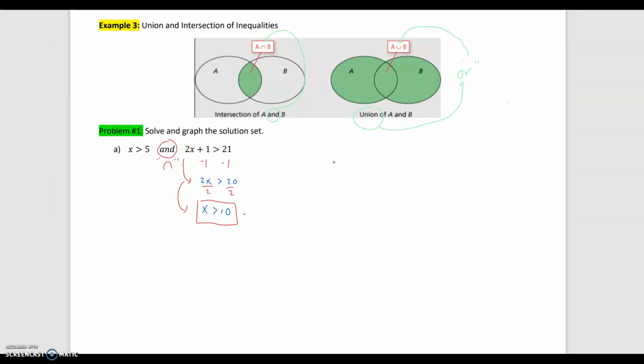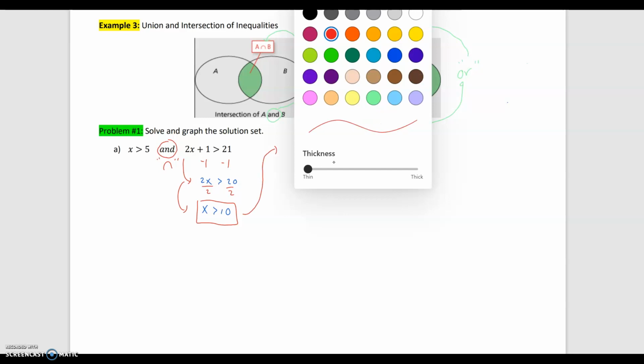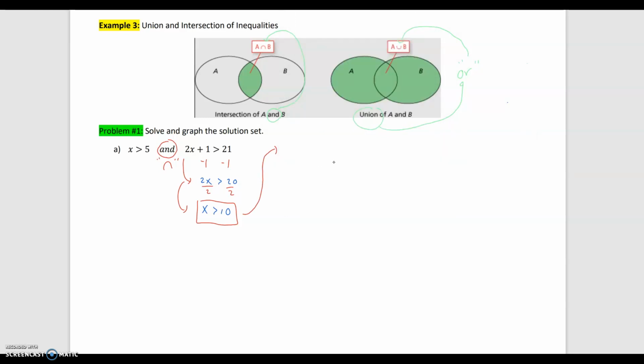Okay, from here, let me just express the solutions. So we actually ended up with x is greater than 5, intersecting x is greater than 10.